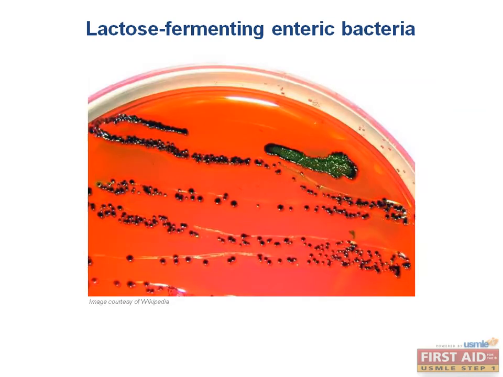There's another type of agar you can use to further help identify the bacterium: EMB, or eosin methylene blue agar, seen here. Lactose fermenters will be purple-black, but E. coli will have a special appearance. On the boards, look out for the key words: metallic green sheen.